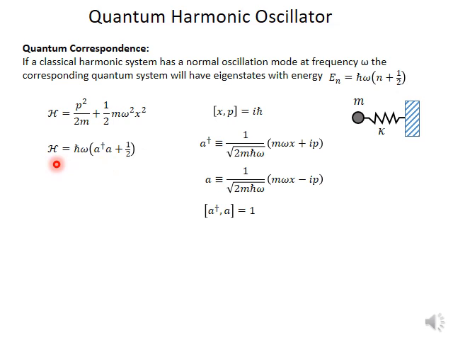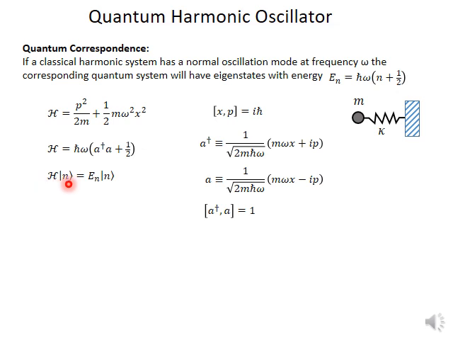Once you have this Hamiltonian, you can apply it on the eigenfunction of the system, which can be represented by such a form where n may be some integer, and you have a certain eigenvector corresponding to that integer.